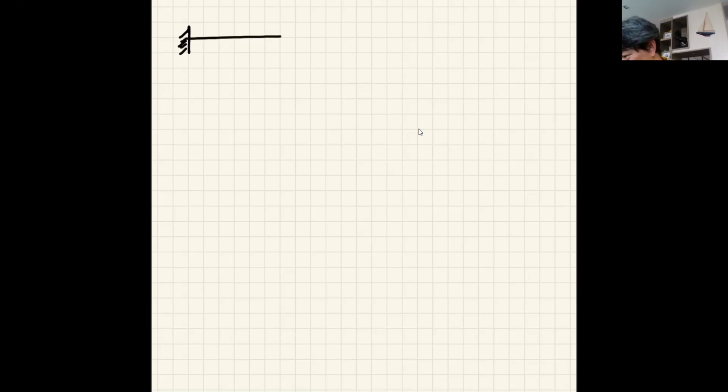Okay, that's 6 meters. I use 6 blocks. And we have the point load at the 4 meters location. That's a 60 kilonewton. And this is 4 meters, and this is 2 meters. Okay, and we have the support here. That's 2, okay?